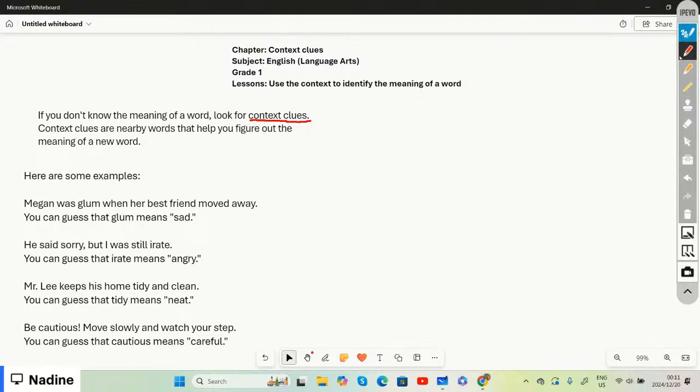If you don't know the meaning of that word, just look at nearby words or any other words that are close by within that sentence, or within the next sentence, that will help you to figure out the meaning of a new word.